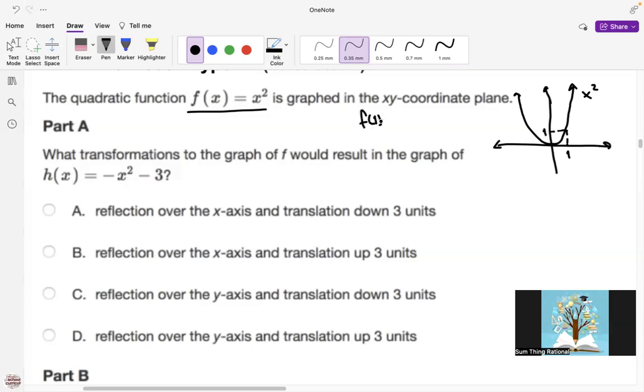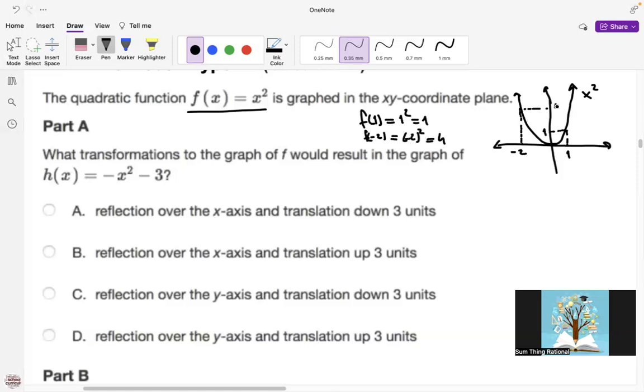So for f of x, f of one is one squared, which is equal to one, okay? Or we have 2, for example. When we have negative 2 on the left side, what is f of negative 2? F of negative 2 is equal to negative 2 whole squared, which is positive 4.